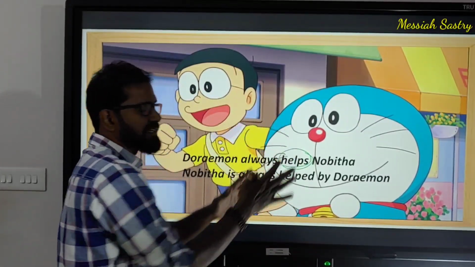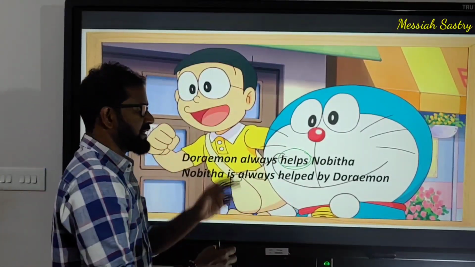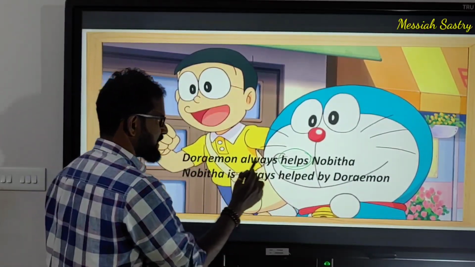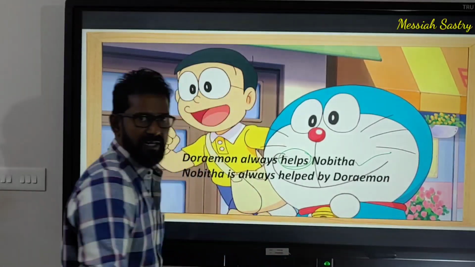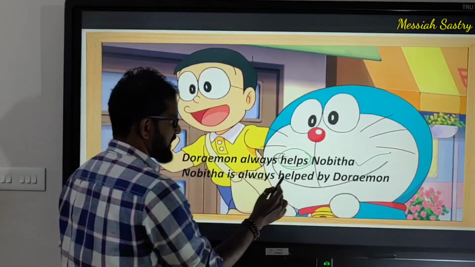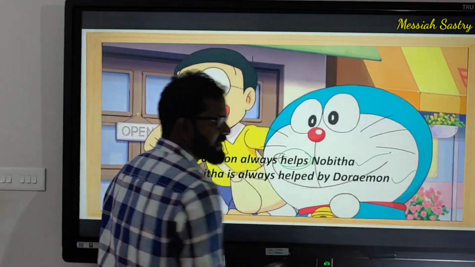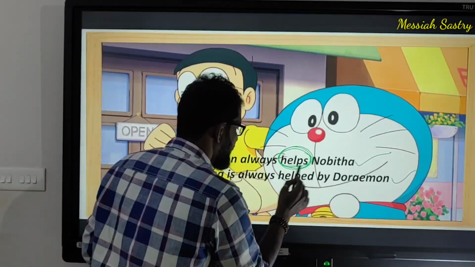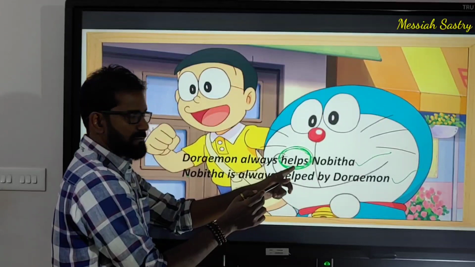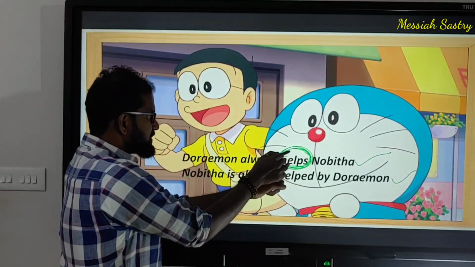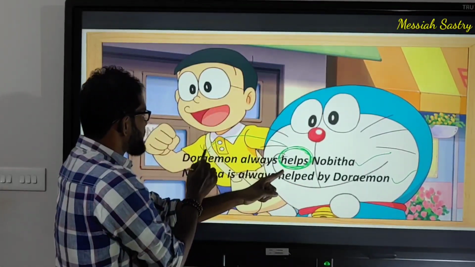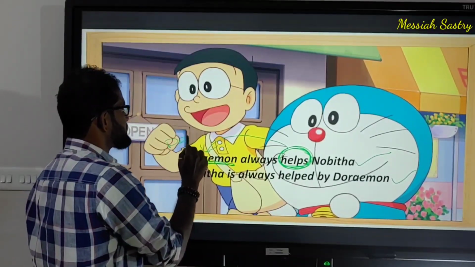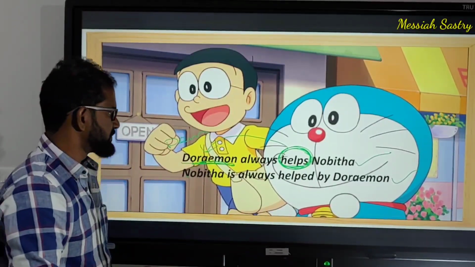This action can be expressed in two possible ways. What are they? Doraemon always helps Nobita is one possible way. Nobita is always helped by Doraemon is another. When you look at the verb here, helps, the form of the verb tells us the subject is the doer.